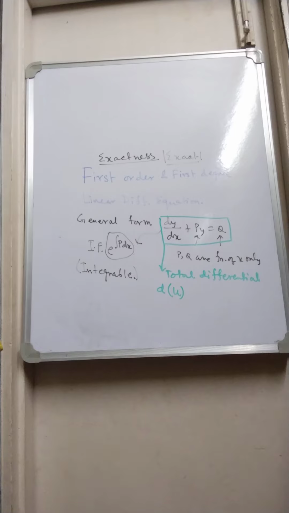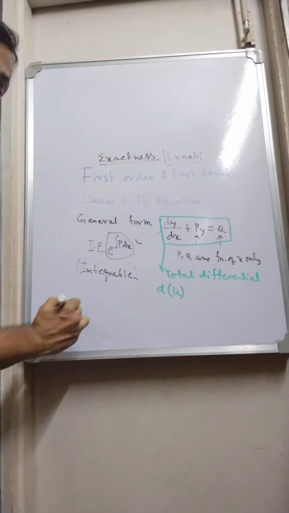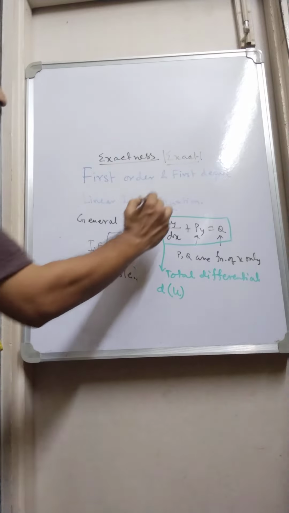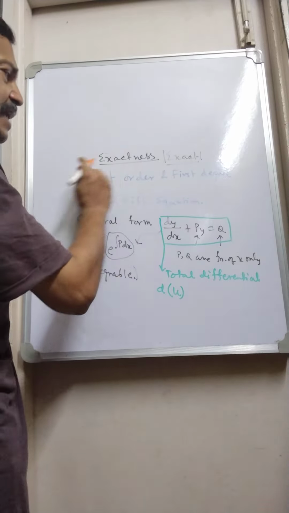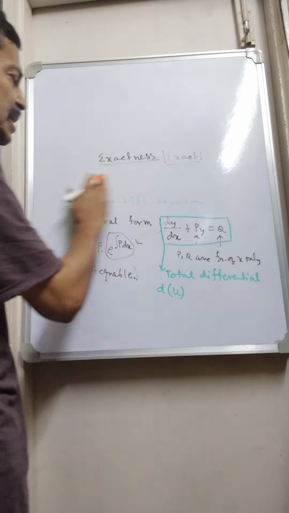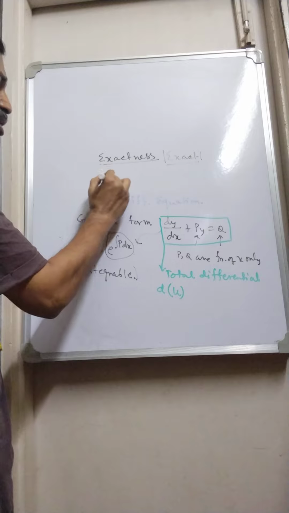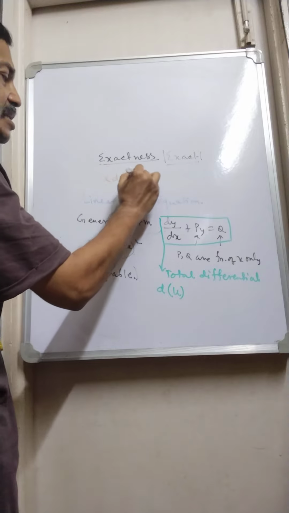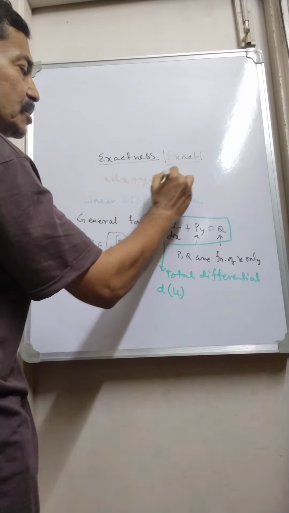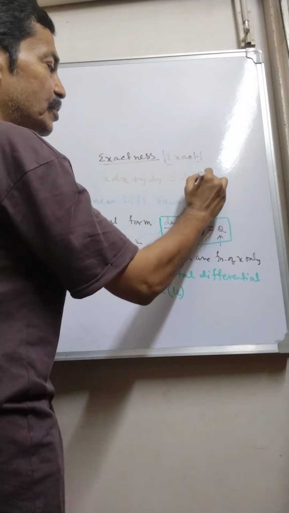The simplest example of exactness is x dx plus y dy, which gives us d of xy.